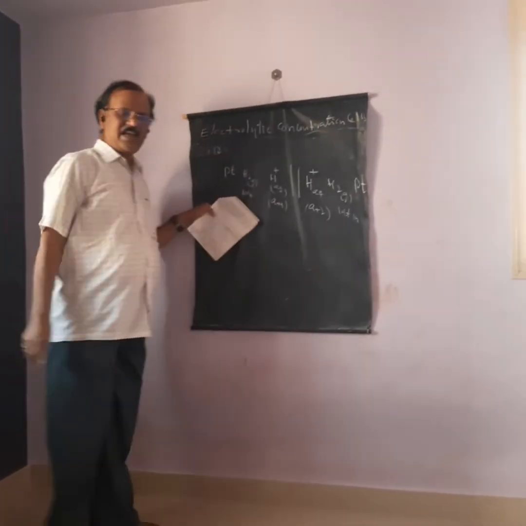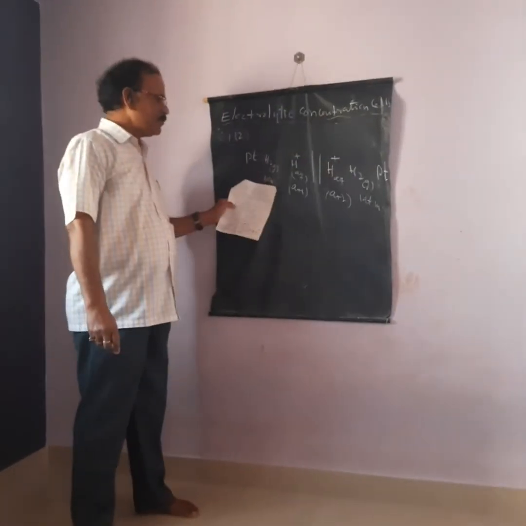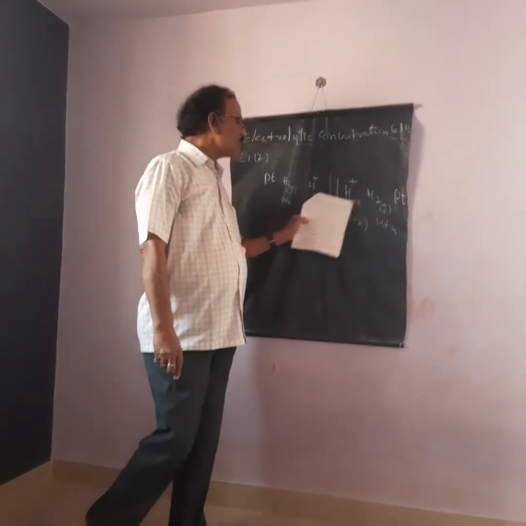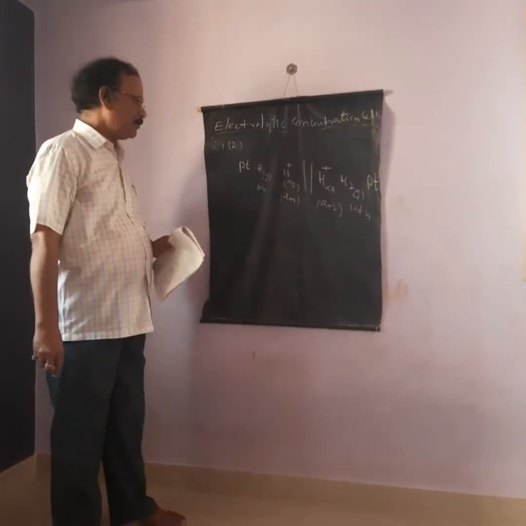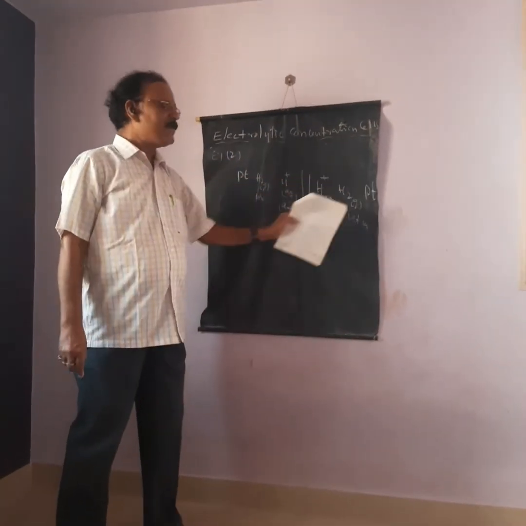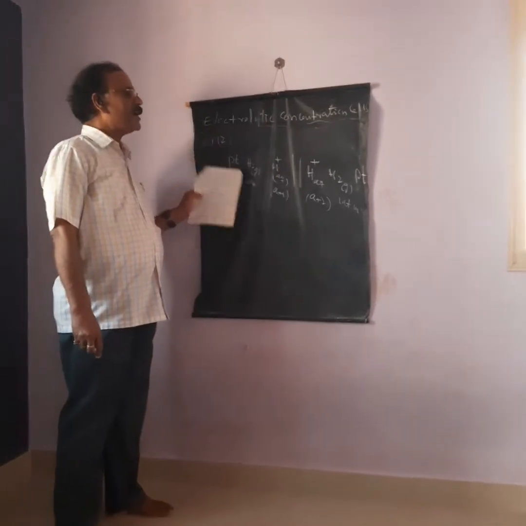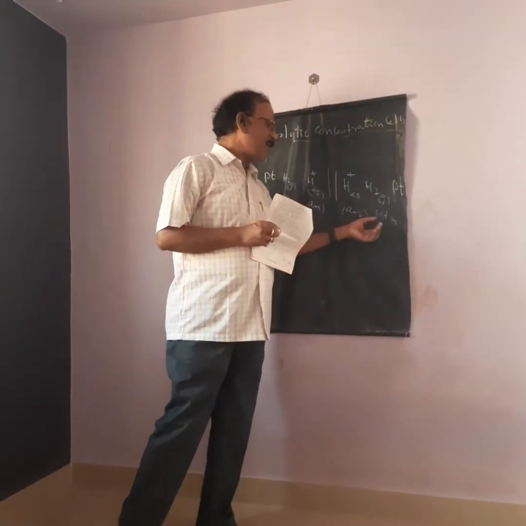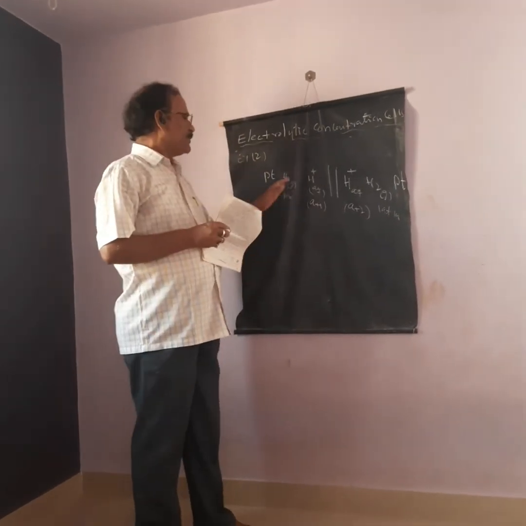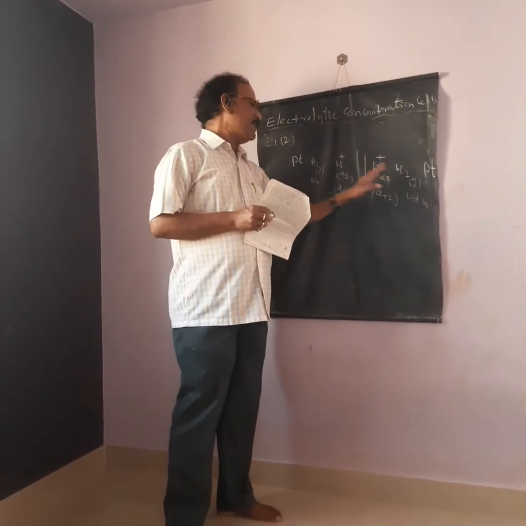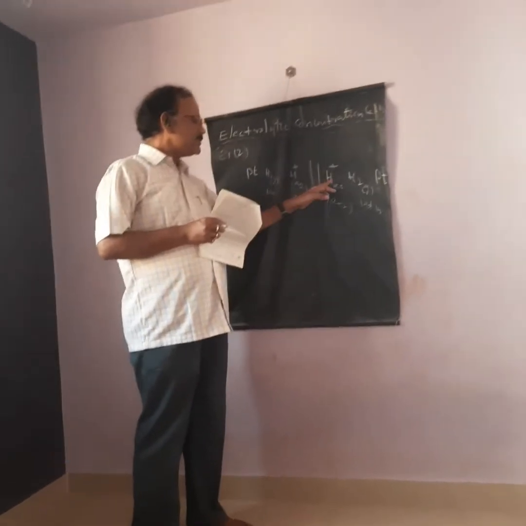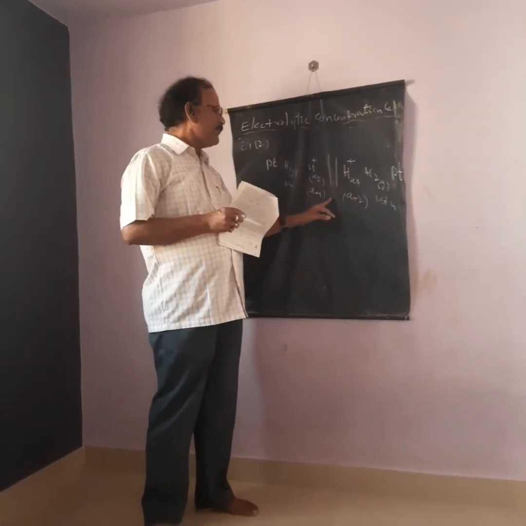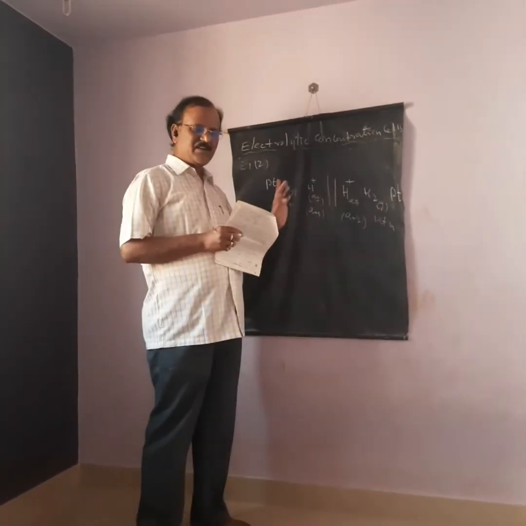Now, it is a hydrogen gas electrode. Two hydrogen gas electrodes at different concentrations of H plus ion, with a platinum electrode. This also is an electrolyte concentration cell. That is, this is one electrode, the other electrode is of the same material. Electrode material is the same, electrolytic material is the same, but at different activities or different concentrations.